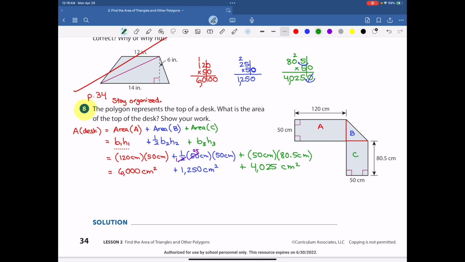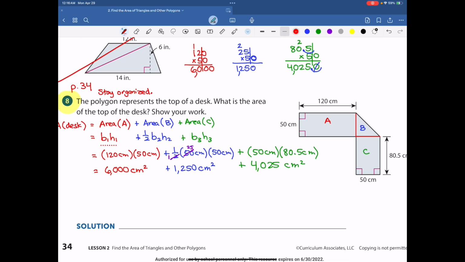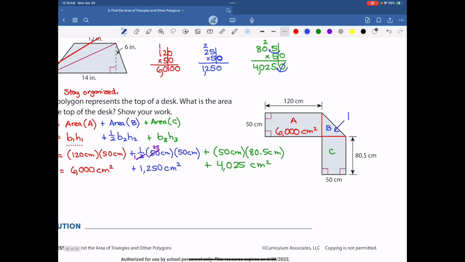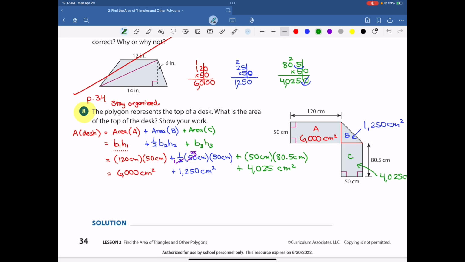And now let's just add them up. So in section A, this was 6,000 centimeters squared. Blue, draw an arrow, since it won't fit. 1,250 centimeters squared. And right here in green, draw my arrow that way. This is 4,025 centimeters squared. So let's go add everything up.